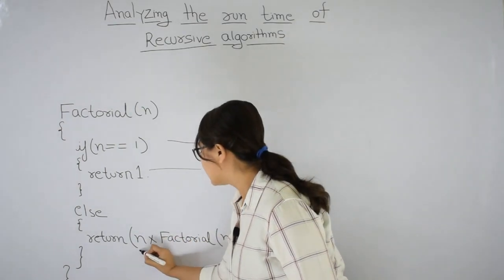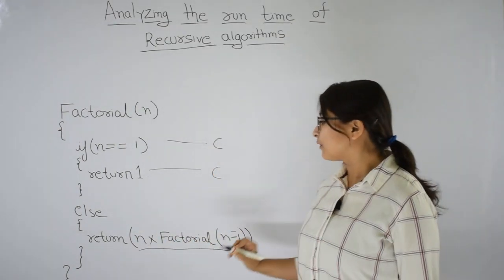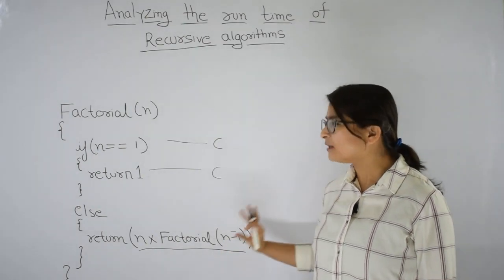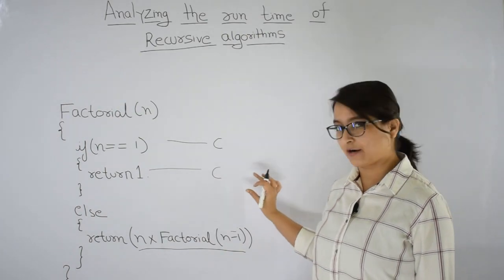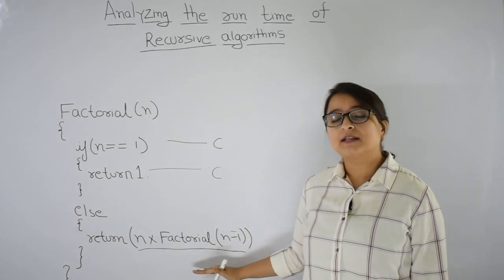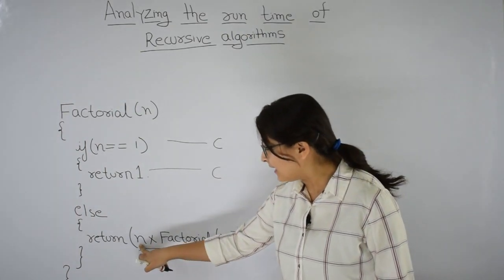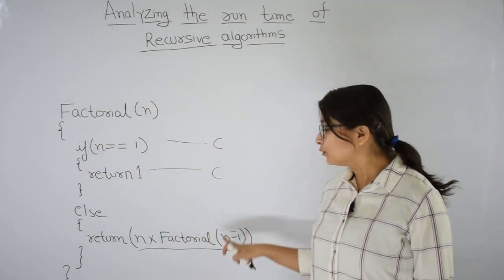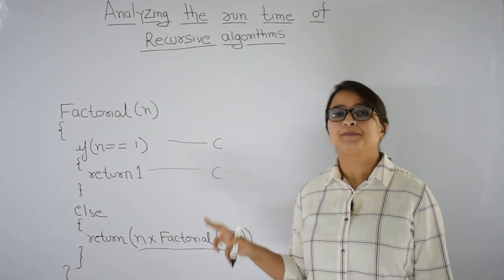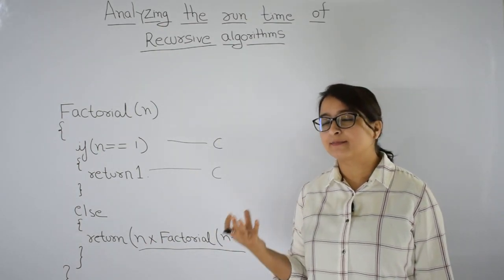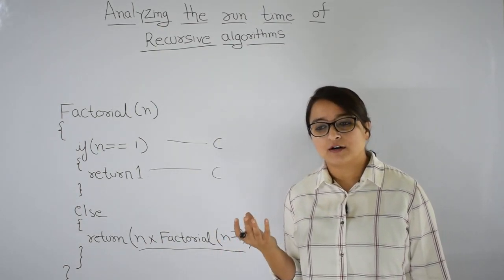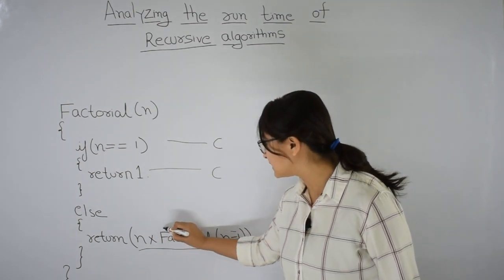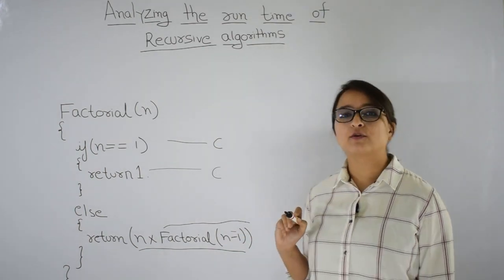But look at this step. How will you write the amount of time taken by this step in terms of the input size? Because this is n into factorial of n minus 1, and we still do not have any way of expressing the runtime of factorial of n minus 1.